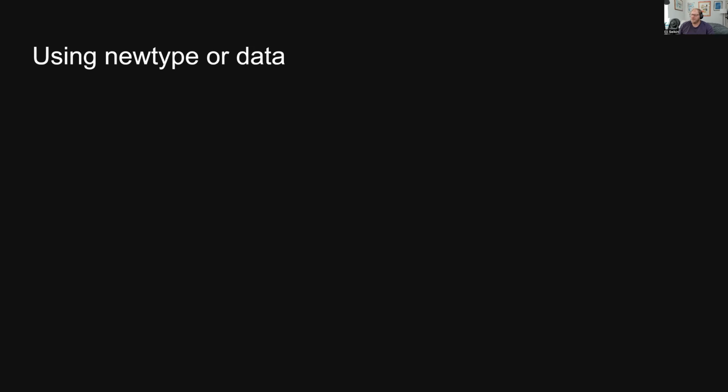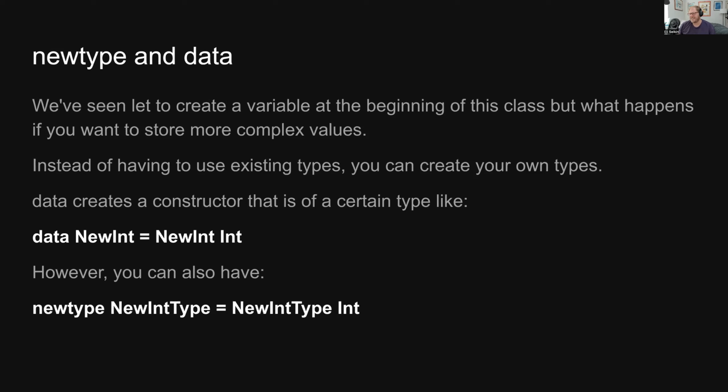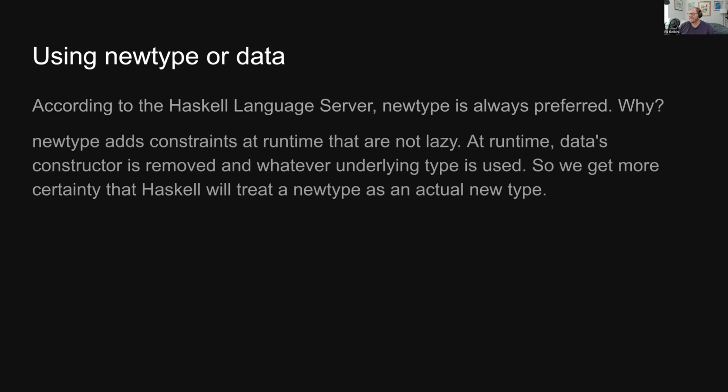So we're talking about using newtype and data. According to Haskell language server, newtype is always preferred, right? For simple constructions like this, or when you have a single record element. And we'll talk about records in a second. Newtype adds the constraints at runtime that are not lazy, and data's constructor is removed and whatever the underlying type is used.